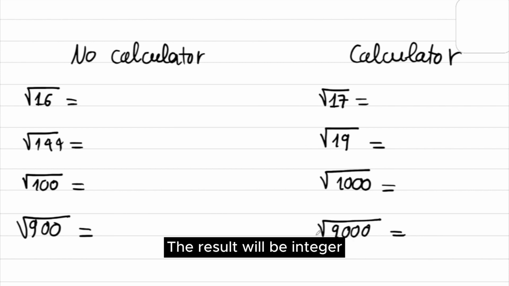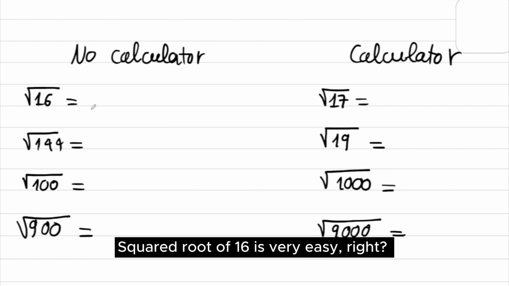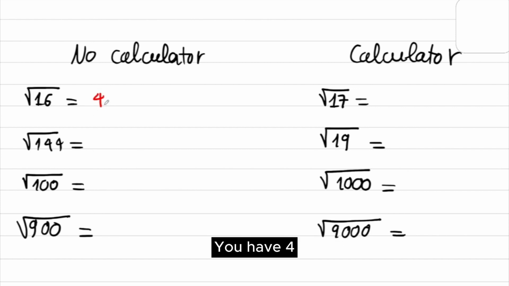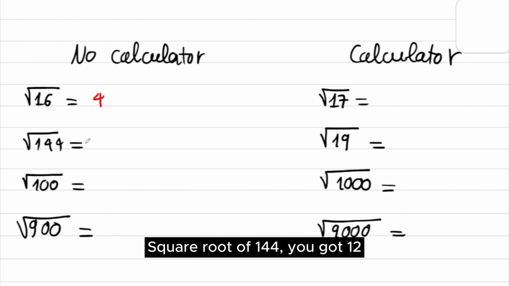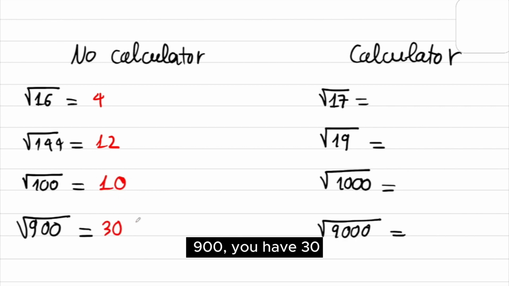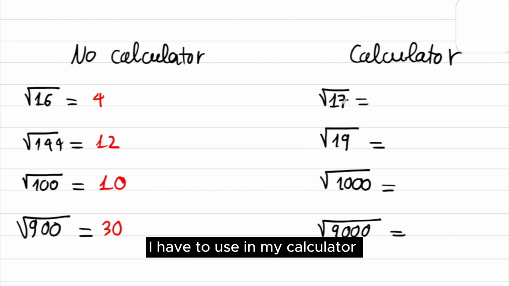The result will be an integer. The square root of 16 is very easy, right? You have 4. The square root of 144, you get 12. The square root of 100, you get 10. The square root of 900 is 30. So how about this one? I don't know, I have to use my calculator.